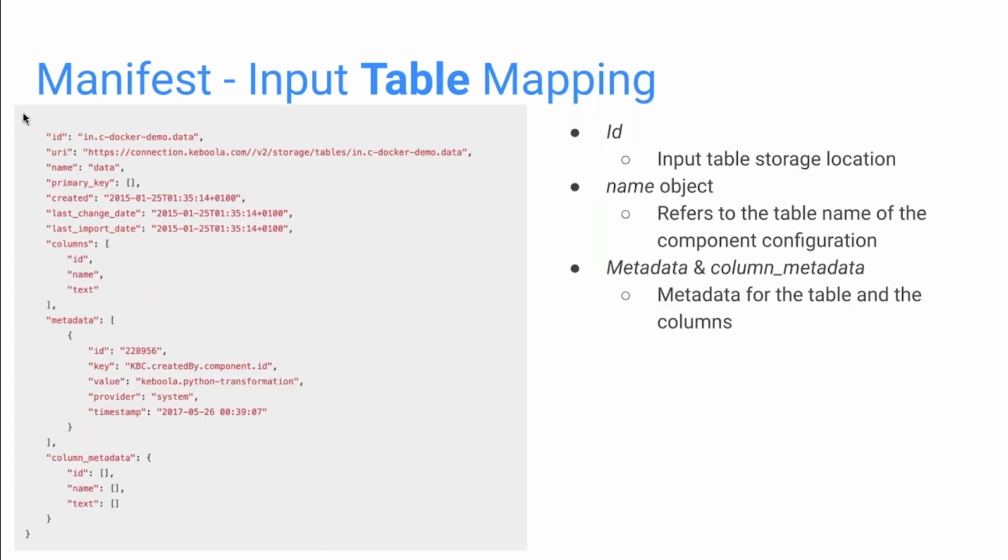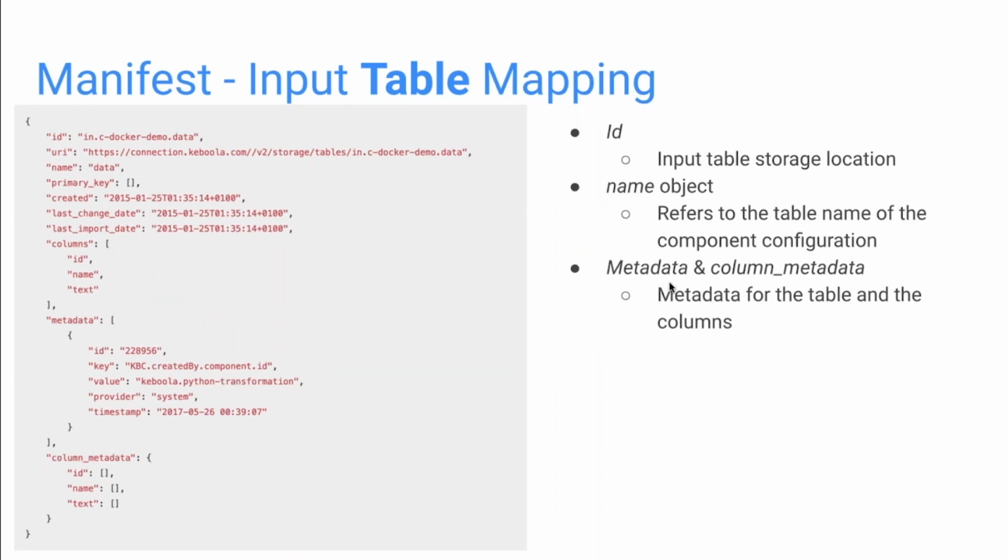Inside the manifest, this is how it looks. The ID will be the input table storage location. We have the name object over here, which refers to the table name of the component configuration. There's also metadata and column metadata.